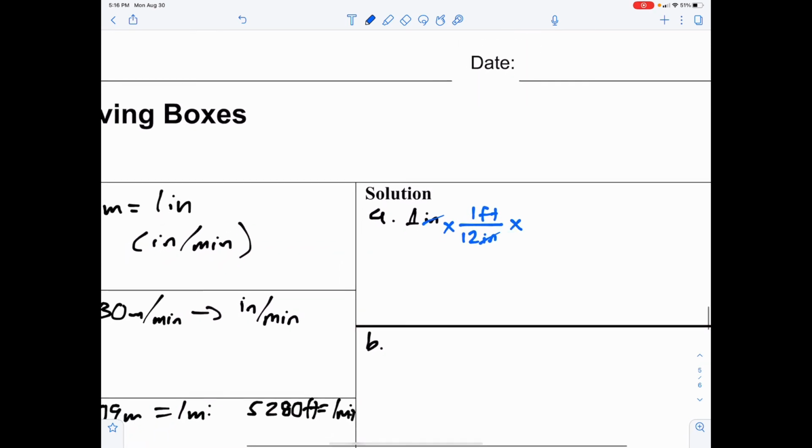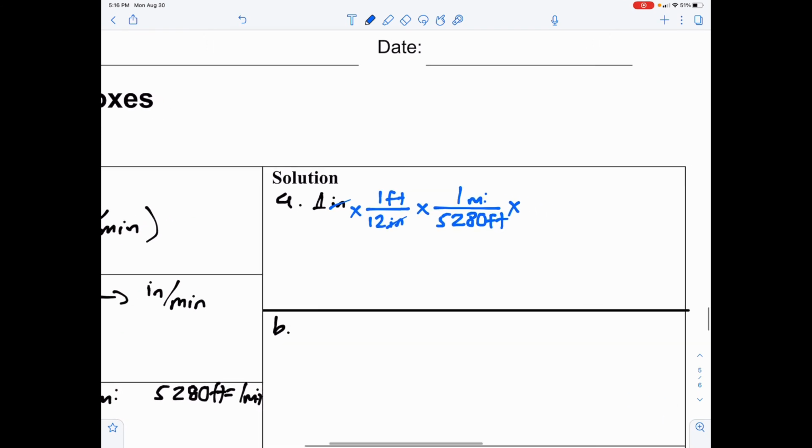Then we'll multiply by the fact that there are 5,280 feet in 1 mile. Lastly, we're going to multiply by the fact that in 1 mile, there are 1,609 meters.